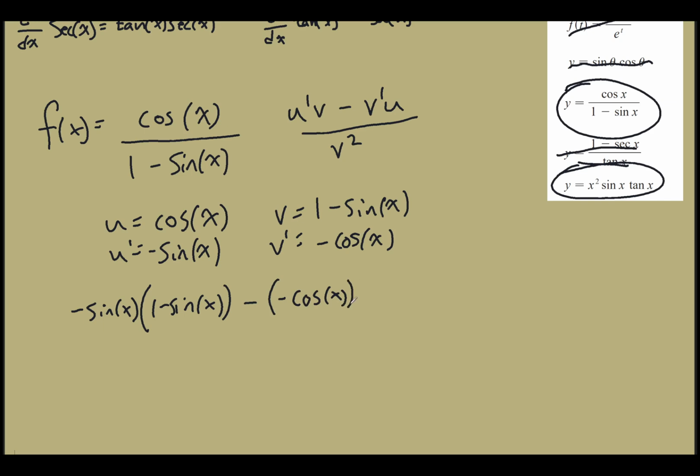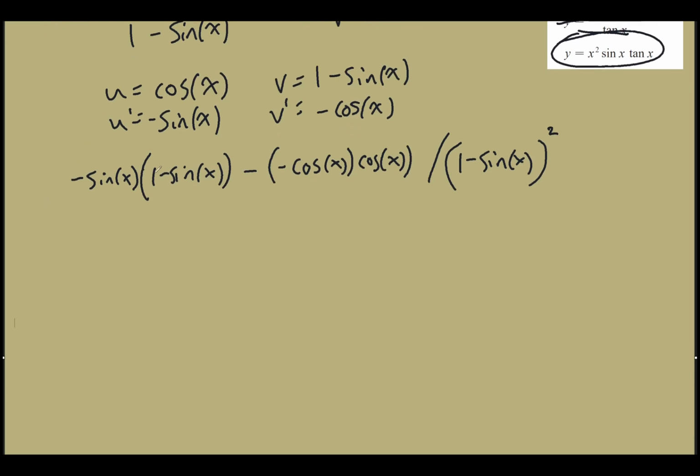There's a lot of minus signs in here, times cosine of x. And it's all going to be over 1 minus sine of x, the whole denominator squared. Be very careful about that.